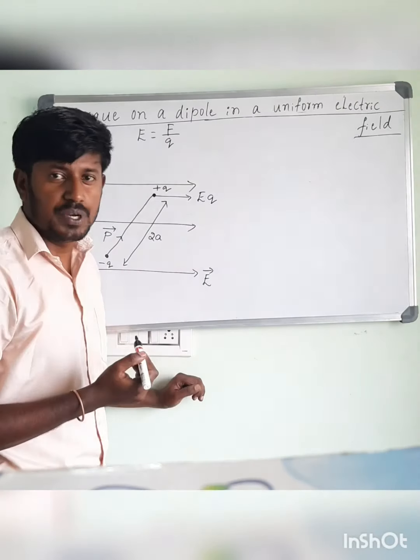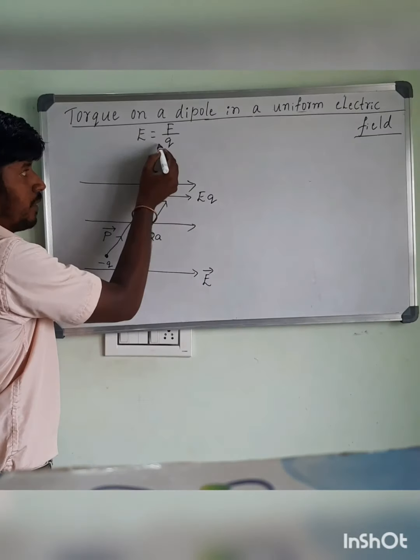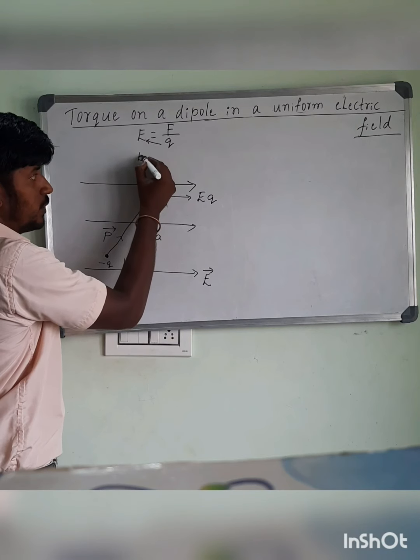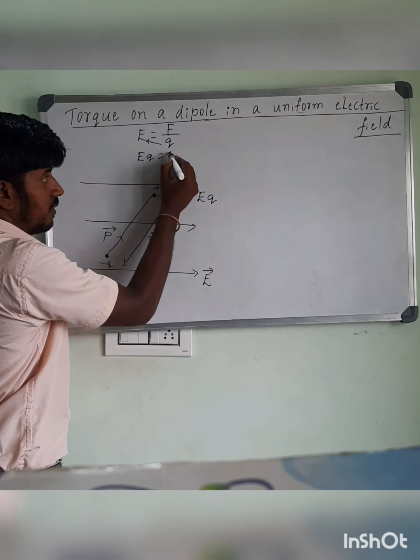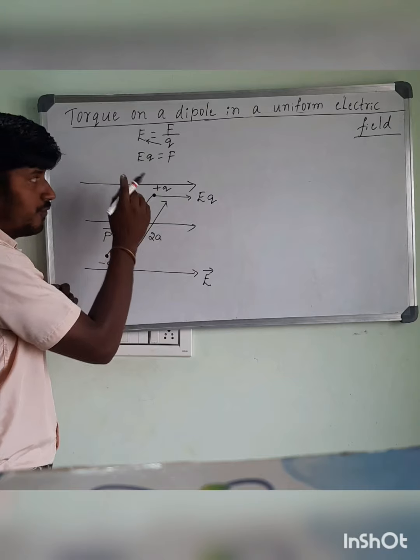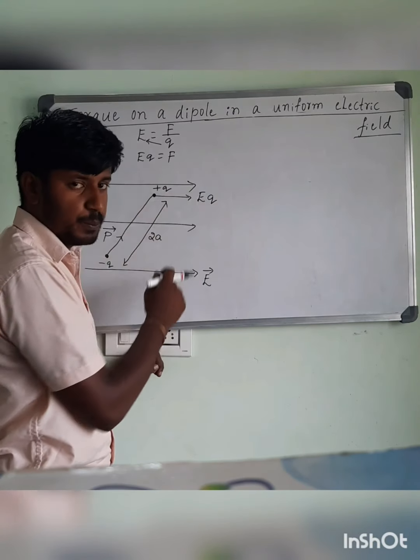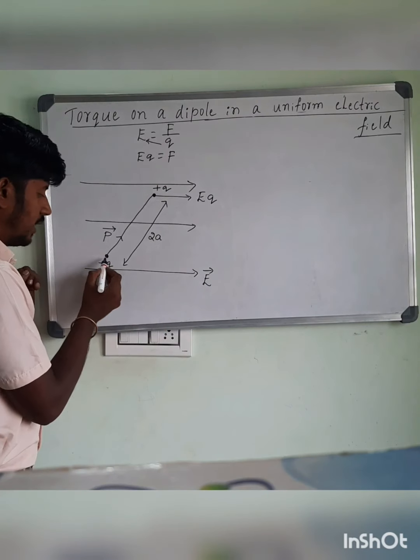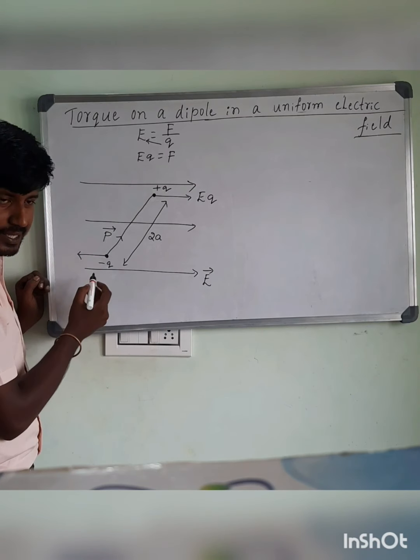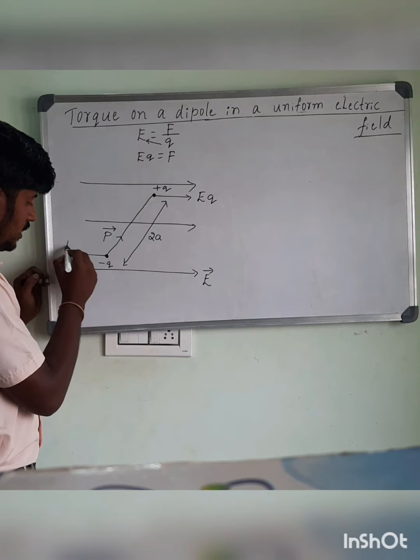Force acting per unit charge is called electric field. To find force, cross multiplication, EQ is equal to F. The force acting on any charge in a uniform electric field is given by E into Q. Therefore, this is E into Q. And the force acting similarly on the negative charge is, again, E into Q.